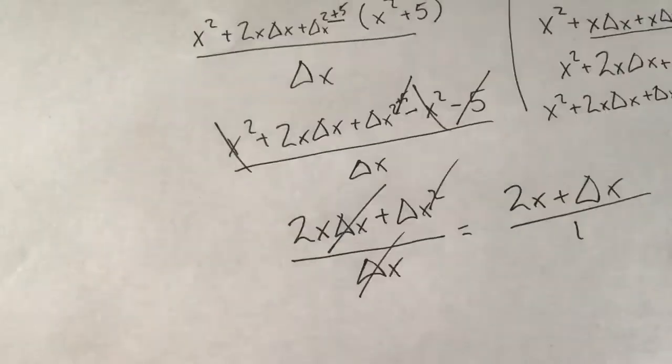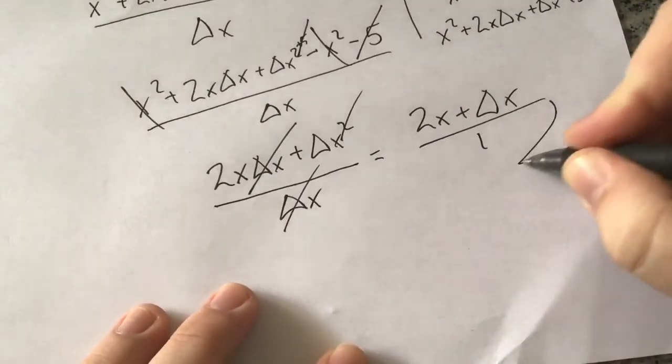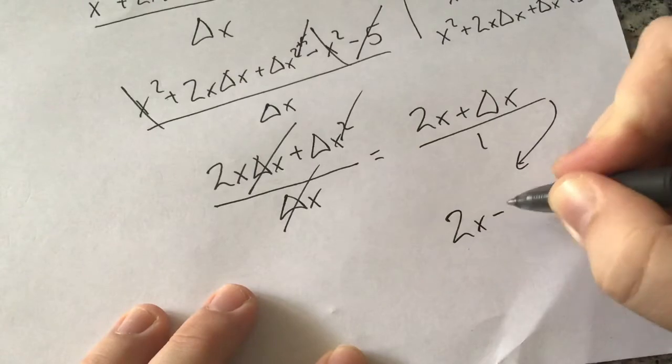There's nothing left in the denominator there, right? So we've simplified this function, this slope, down as much as possible. And we've actually found the slope of this line to be 2x plus delta x. We don't really have to say over 1 because that's just the same thing as before, right?